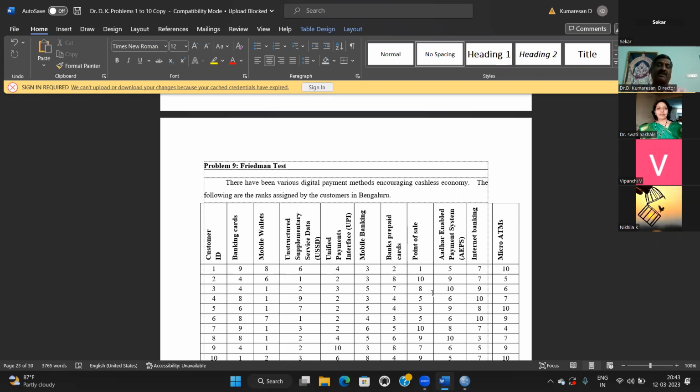This is two-way ANOVA. Then we come to non-parametric tests. This is divided into three: independent samples test, related samples test, and chi-square test. Independent samples is divided into two independent samples and k independent samples.